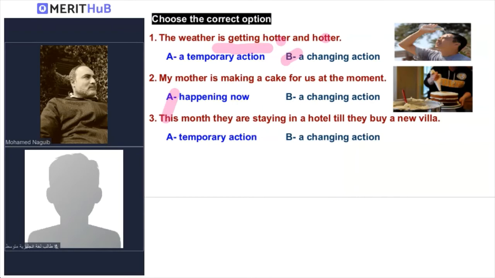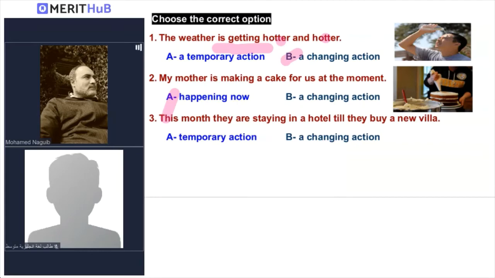If we think about prices around us, the economic crisis in the world, prices are not fixed. So prices are getting higher and higher. So it's a changing situation. I'm speaking right now, you are writing, so that's right now.